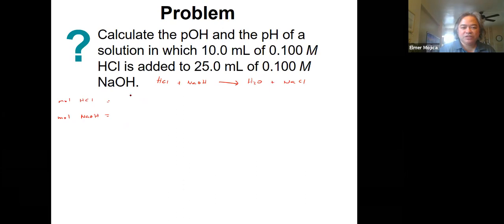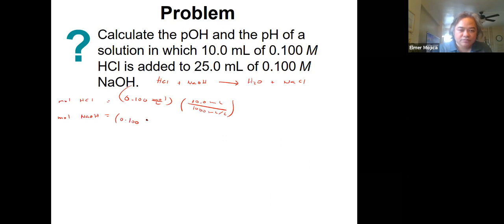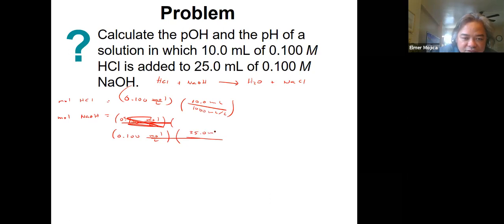So how do we account the moles of the HCl? We can just do 0.1 moles per liter times 10 ml divided by 1,000 ml per liter. The same thing for the NaOH: you have 0.1 moles per liter times 25 ml over 1,000 ml per liter.